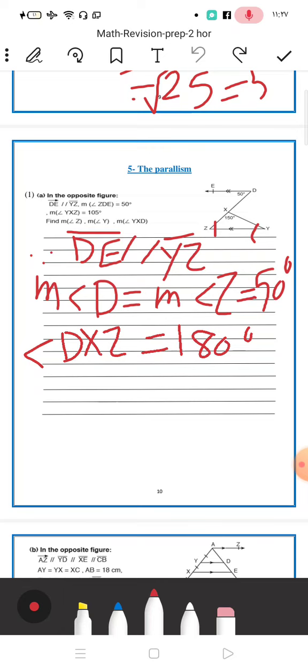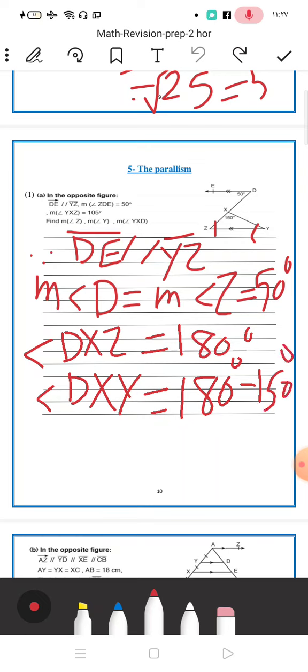So the measure of the adjacent angle, which is angle DXY, equals 180 minus 150, and it will be 30 degrees. So this part also equals 30 degrees. Okay, so here angle Z equals 50.